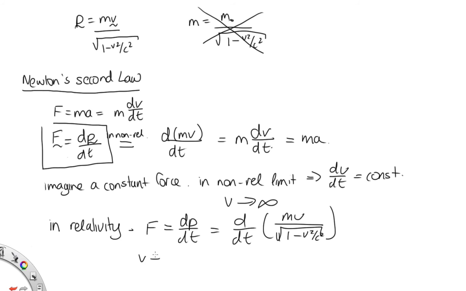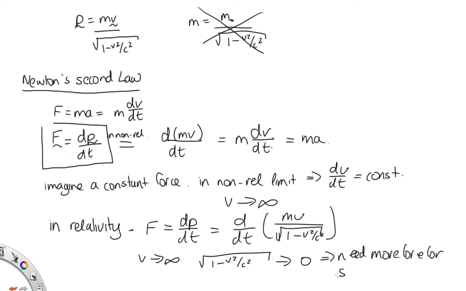Now as v gets big, this square root of 1 minus v squared on c squared goes to 0, and so we have to put in more force to overcome this term here as the velocity gets larger. So as v goes to infinity, we need more force for the same delta v, and it is in fact impossible to get your velocity up past the speed of light.